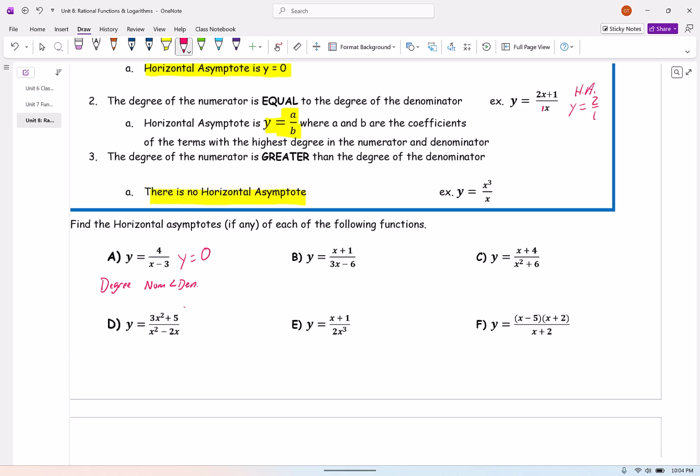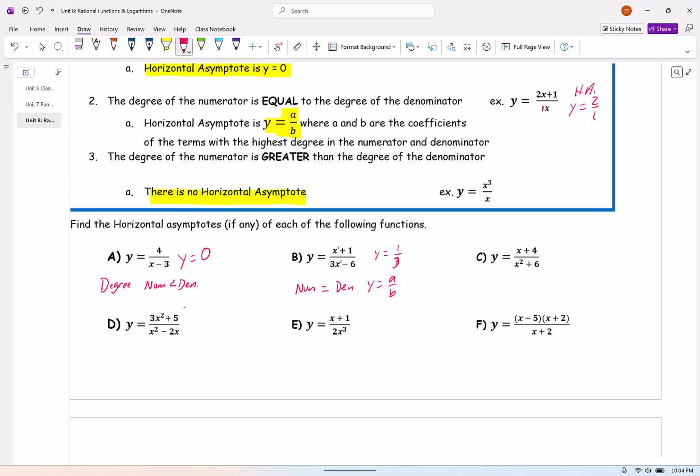All right, if I look over at this next one, I see x to the first, x to the first. So those are equal to each other. So I take a ratio of the coefficients. And so again, if the degree of the numerator is equal to the denominator, then it's going to be y equals a over b, which will be y equals 1 over 3.